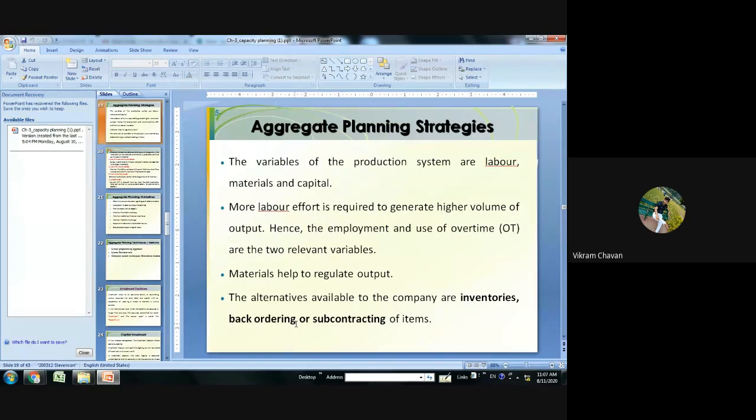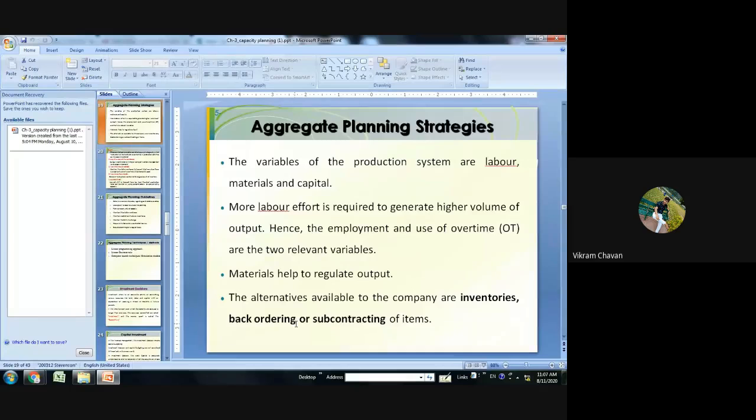Now which are these variables for the production system? Labor, material, and capital. Capital is nothing but what? The machinery, the land, etc. We can say that these are the capital.